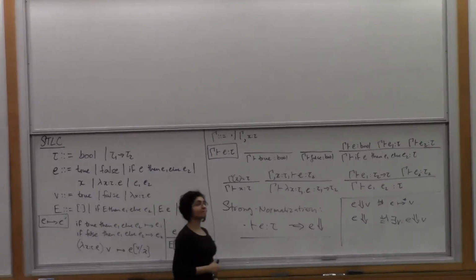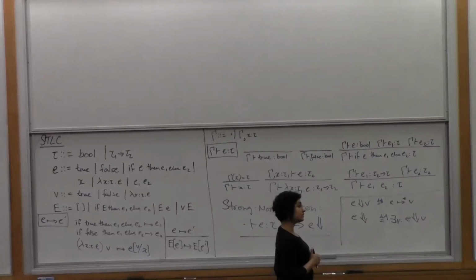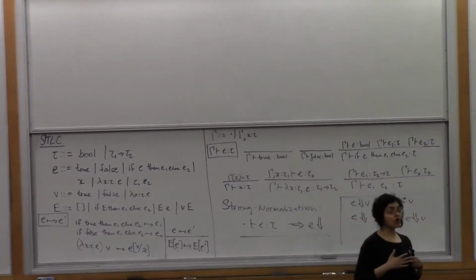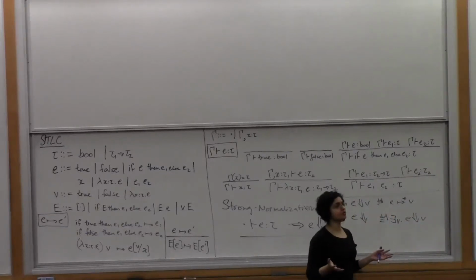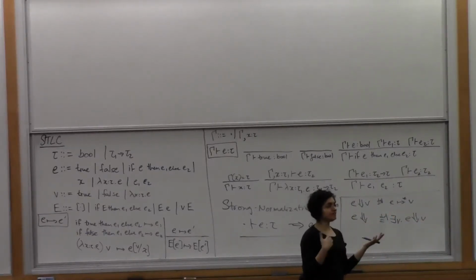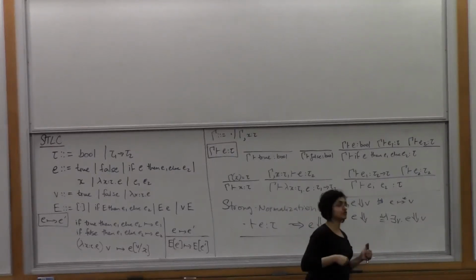Yeah? It seems like instead of strong normalization, because you are saying there exists a path to a value instead of all paths. No, weak normalization is when all paths to normal forms reach the same normal form. So if E evaluates to V1 and E evaluates to V2, then V1 and V2 are the same normal form. Strong normalization is where you say that it must terminate.